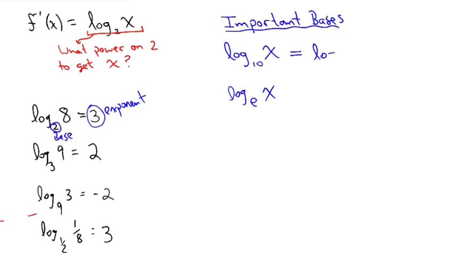We're just going to write log of x. So if you see just log with no base number written, and you don't know what it is, write 10, because it's always going to be 10. So if you want to go backwards, it's perfectly fine. If you see log of x, write log base 10 of x. That way you can see what the base is. If it's log base e of x, then the notation becomes ln of x, which is called the natural logarithm.